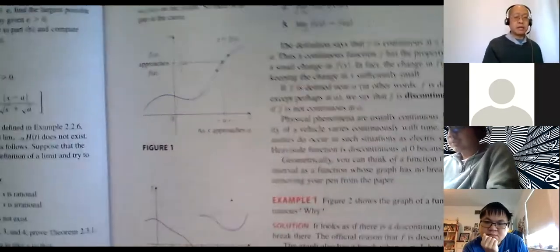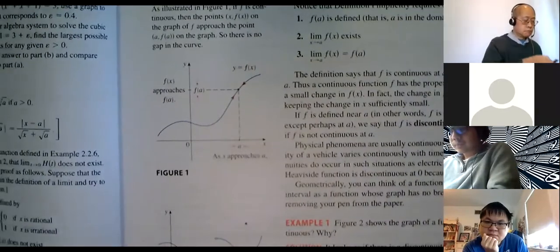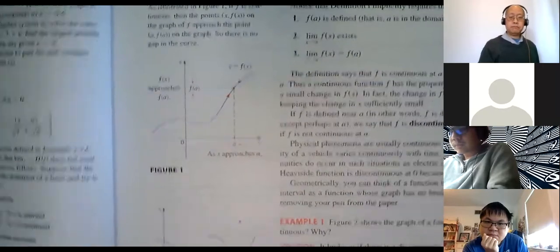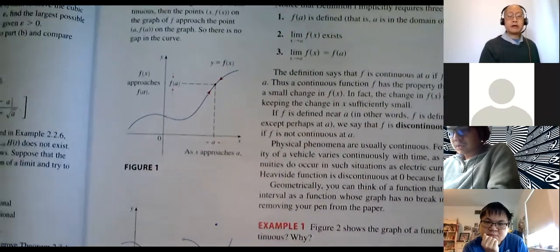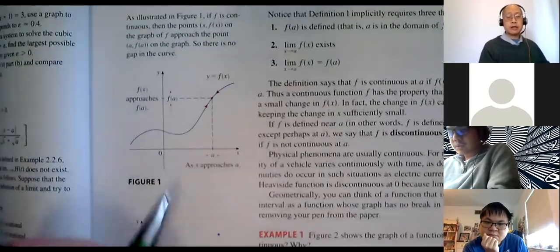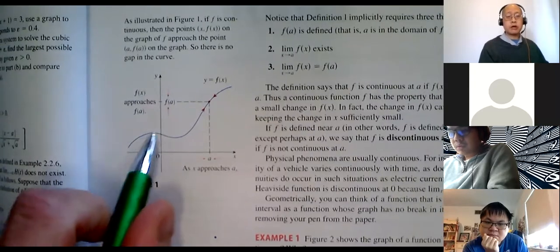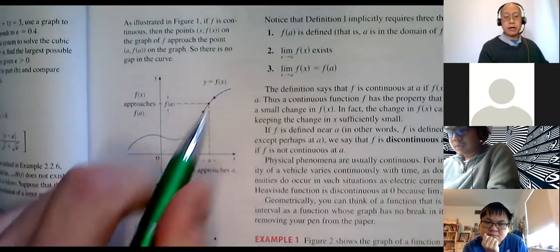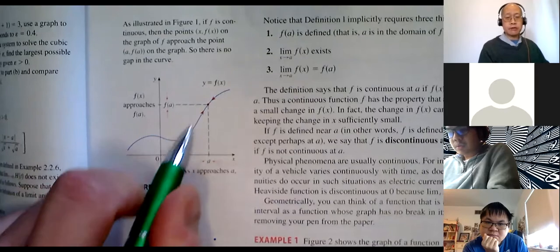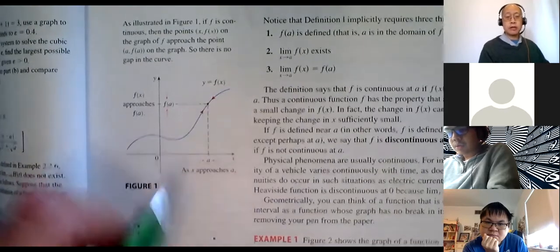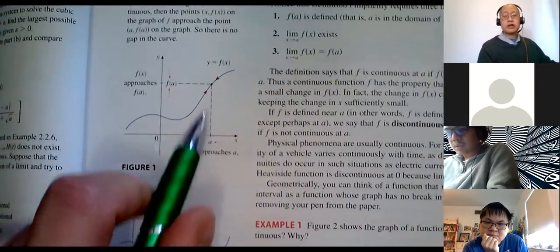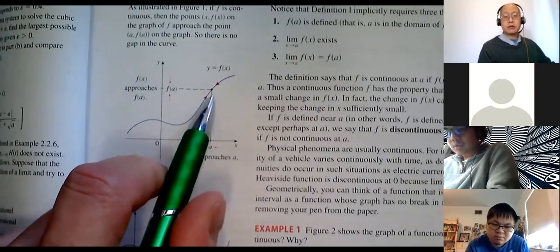And what does that mean? Crudely speaking, if you have a continuous function, you can draw it without lifting up your pencil from the paper. This function looks like it's continuous everywhere. You can just draw it smoothly. So why is the function continuous at x equals a?